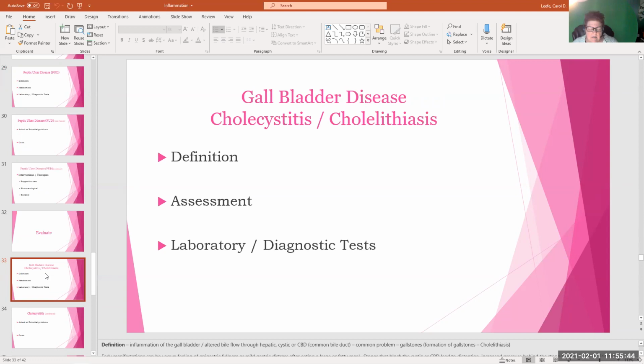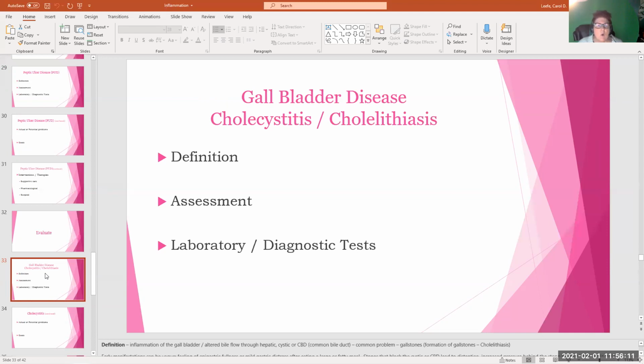So again, with cholecystitis, if a gallstone comes out and blocks that common bile duct, it can cause reflux of the pancreatic enzymes back to the pancreas and cause pancreatitis. It can cause problems in the liver because the bile doesn't get through, backs it up into the gallbladder, backs it up into the liver.